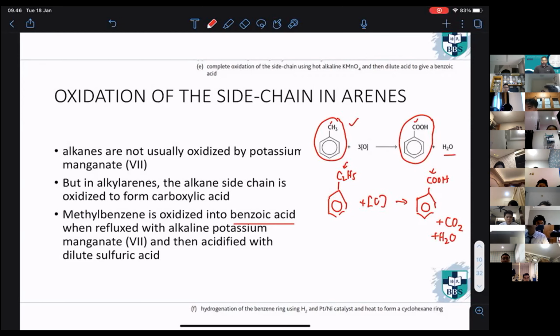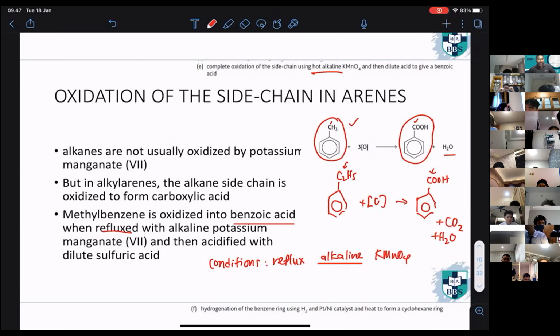Another thing that you need to remember are the conditions. They mention it's going to be reflux or hot. Important, it's going to be alkaline KMnO4, because normally we have it in acidified KMnO4.